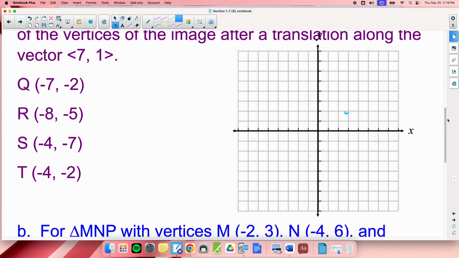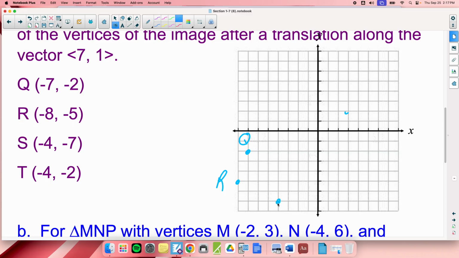Q is -7, -2. So I would go over to -7, down 2, and that is my Q. Okay. R is -8, -5. 1, 2, 3, 4, 5. That is my R. S is -4, -7.